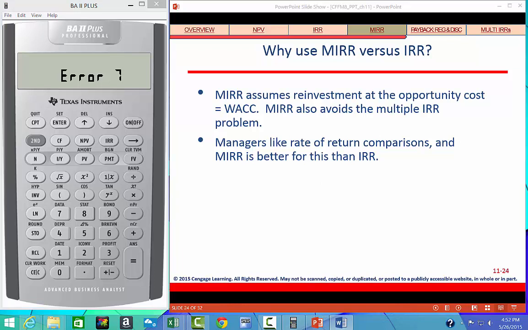So one other point that I wanted to talk about is that this whole thing where people are using MIRR versus IRR. Apparently the business executives out there prefer to compare projects' rates of return to comparing their NPVs, like I mentioned.